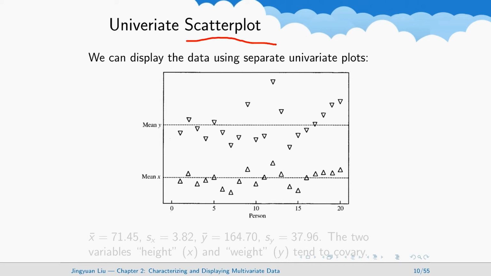The univariate scatter plot is not so frequently used, because scatter plots mainly display the relationships between two variables.